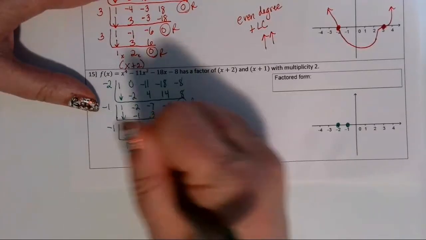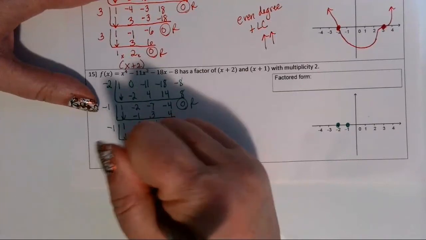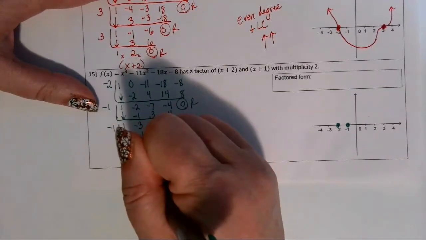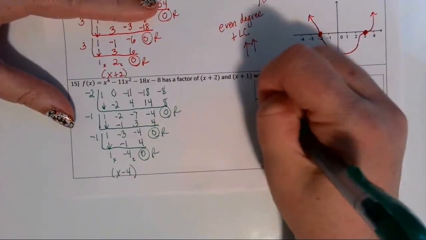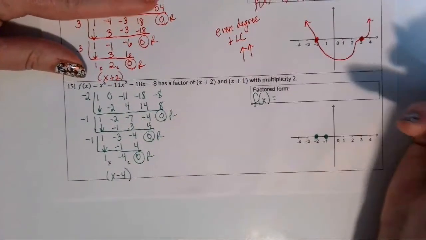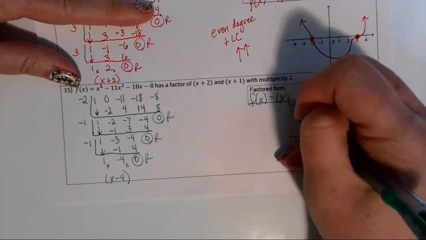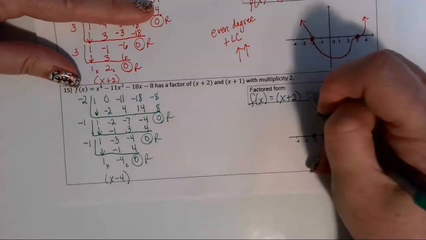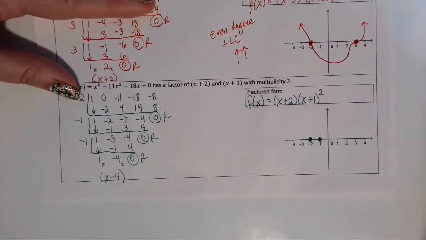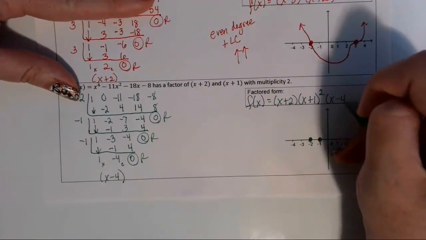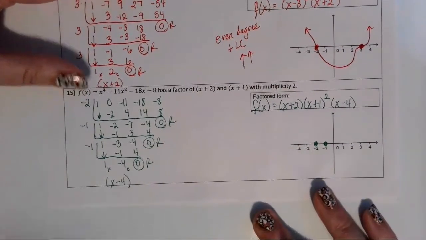Then we have our constant and our x, so the quotient is a factor of x minus 4. So our completely factored form, f of x equals x plus 2, that's a linear factor, x plus 1 has multiplicity of 2, and then our quotient, x minus 4, another linear factor.